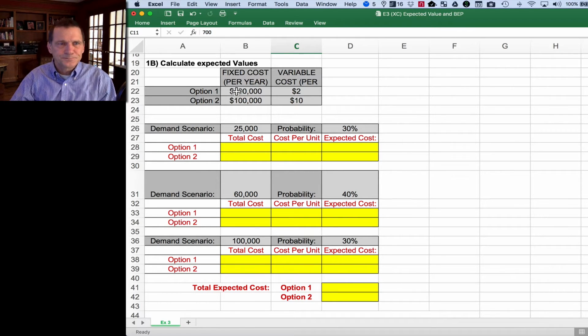So let's say that option 1 is new, highly automated assembly equipment for a line, and option 2 is new, very low automation, highly labor-based assembly equipment for a line. So the highly automated gives us a very low variable cost because it's not consuming labor.